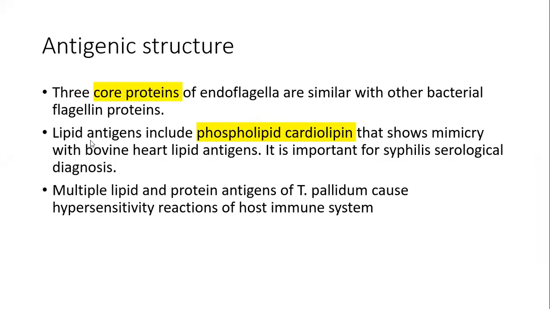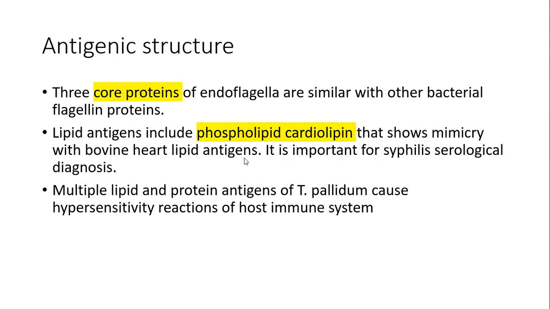Antigenic structure. There are 3 core proteins of endoflagella and they are similar to other bacterial flagellin proteins. Lipid antigens include phospholipids and cardiolipins that show mimicry with bovine heart lipid antigens. It is important for syphilis serological diagnosis.